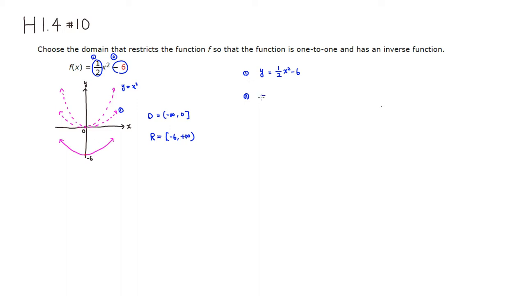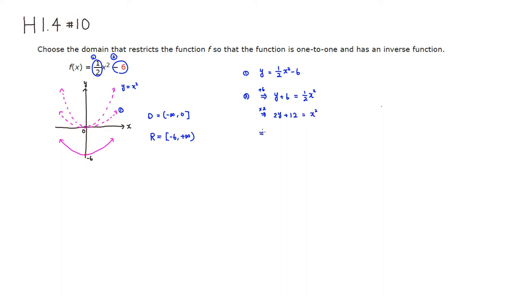Add 6 to both sides, so you have y plus 6 is equal to 1/2 x squared. Then multiply both sides by 2 to get 2y plus 12 is equal to x squared.